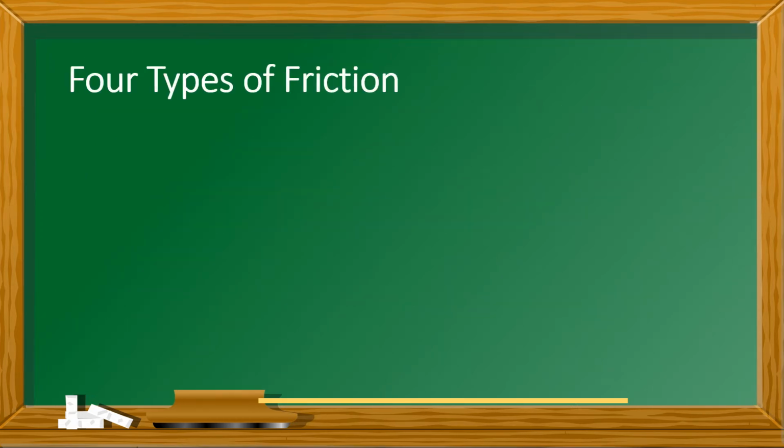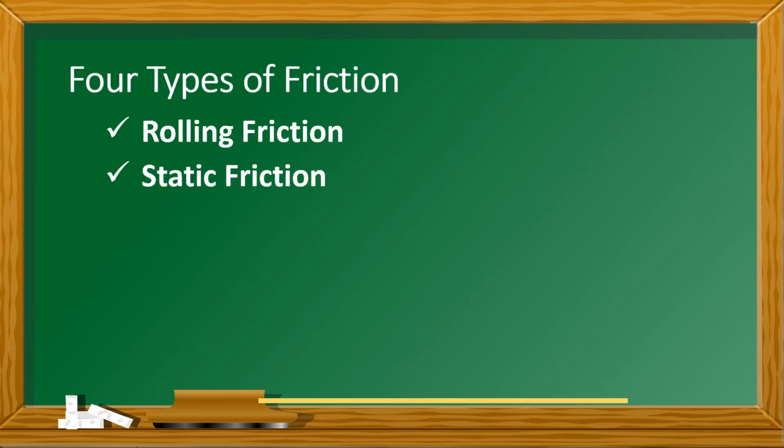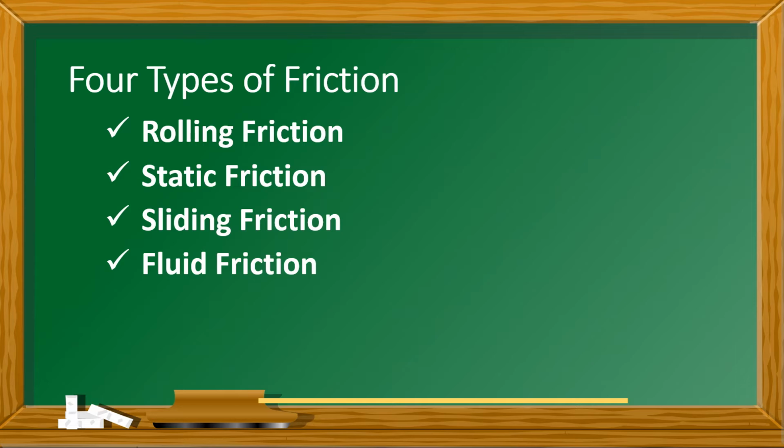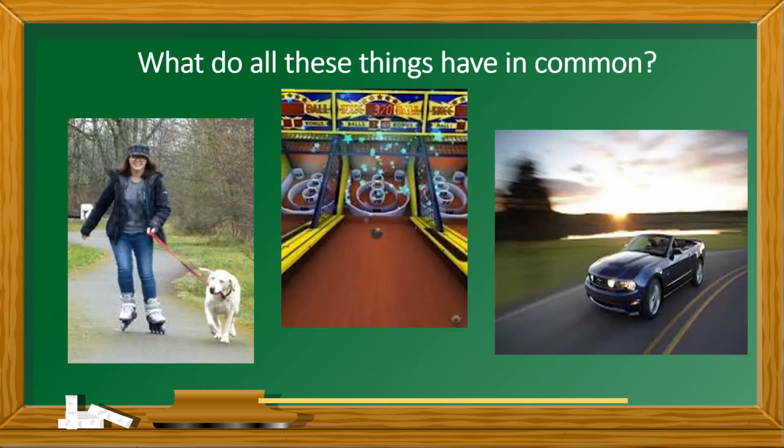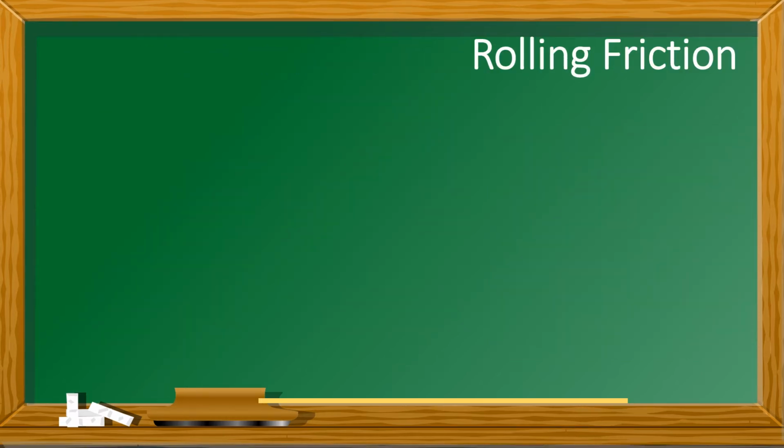There are four types of friction. The first one is rolling friction, static friction, sliding friction, and fluid friction. So let's discuss them one by one. What do all these things have in common? You can say that they all are rolling or have rolling friction.